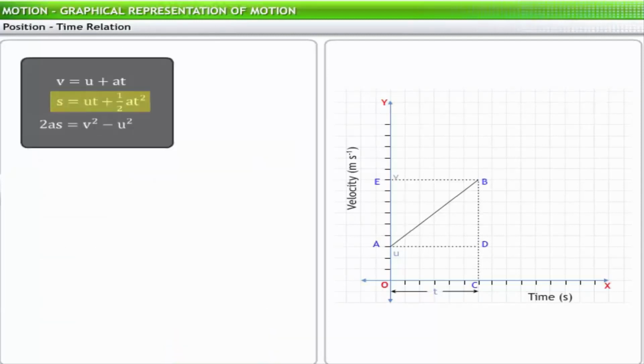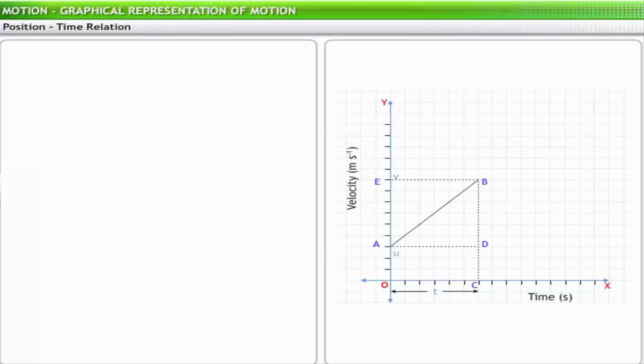Let's now derive the second equation of motion, that is position-time relation. In the same velocity-time graph, we use it to analyze position-time relation. Let S be the displacement of the object in time t. You can determine the displacement of the object as the area of the trapezium OABC under the curve.